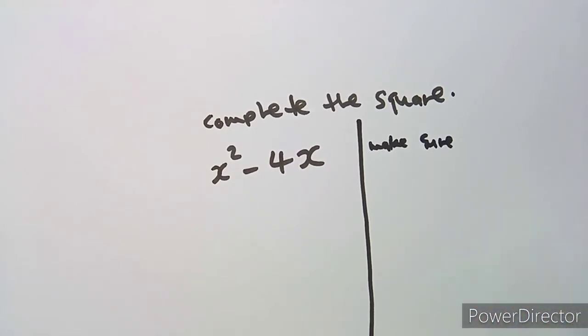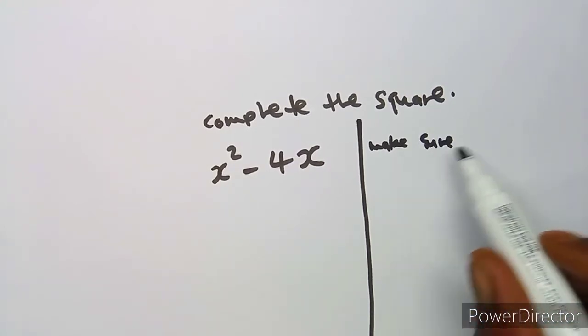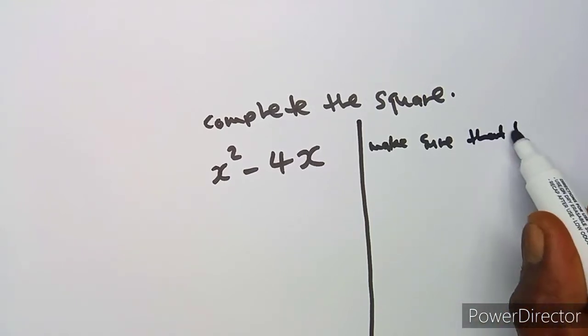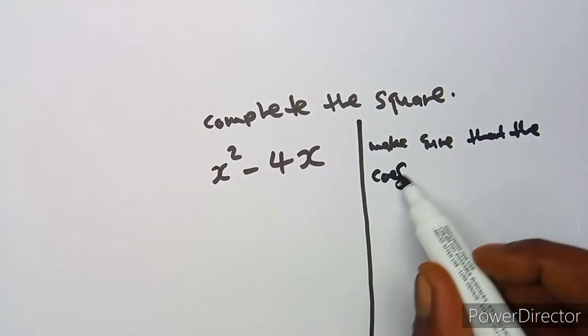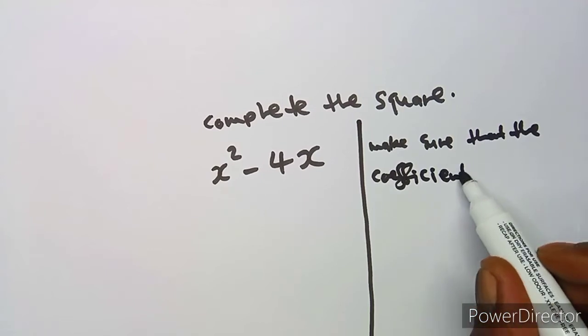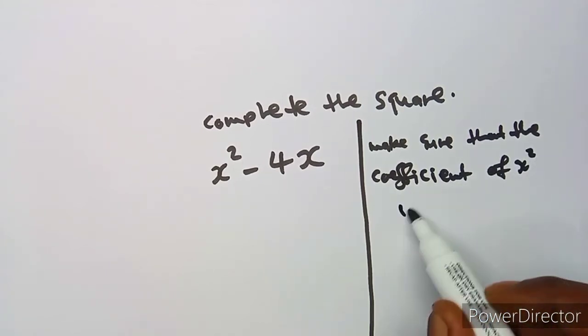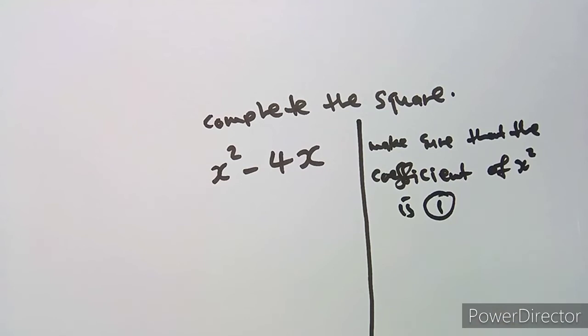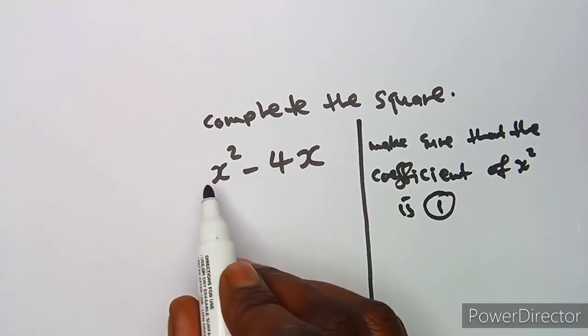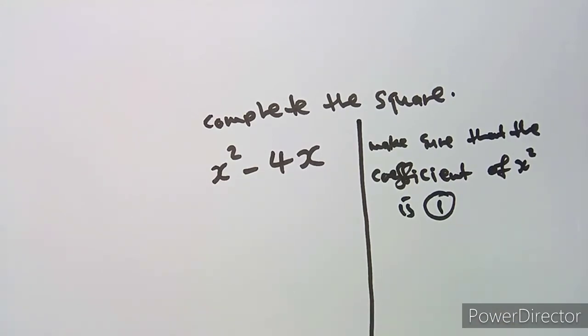That is the first thing that you're supposed to make sure of, and here we've got it as a 1, so there's nothing that you need to change. So you're going to start with this one. We have the coefficient of x squared as 1. Then we'll see the other ones which don't have it, so that we can see what happens there. All right, so you have seen this.